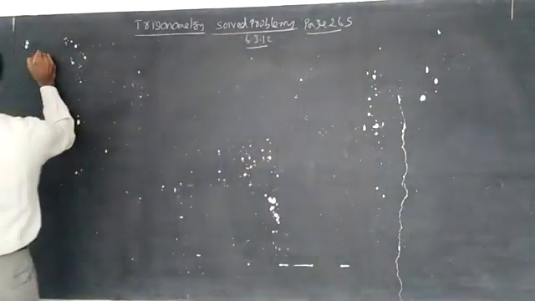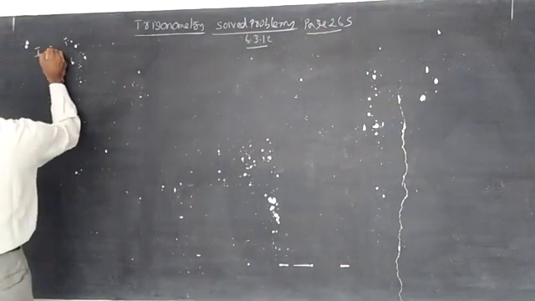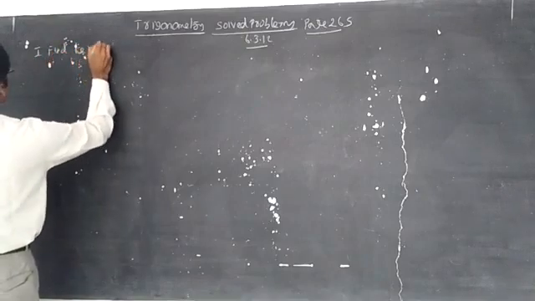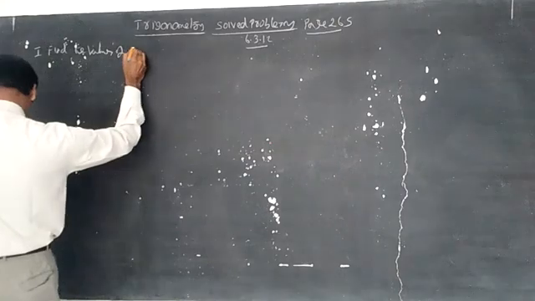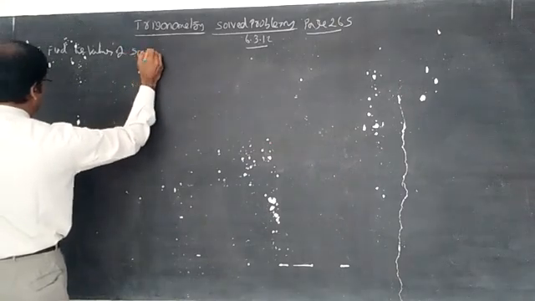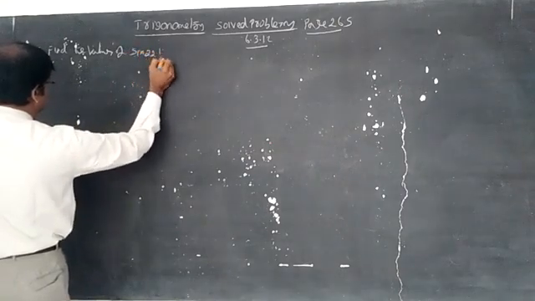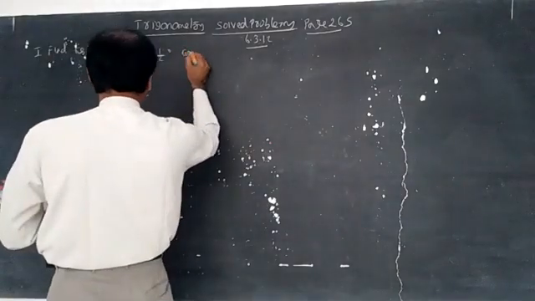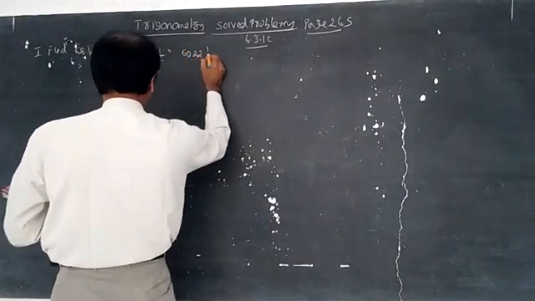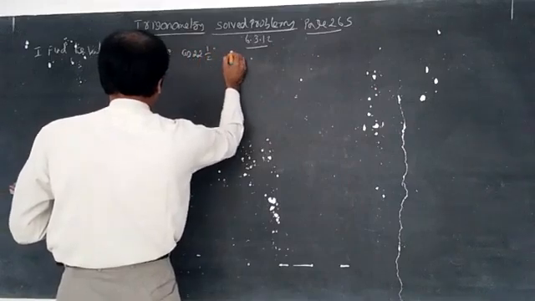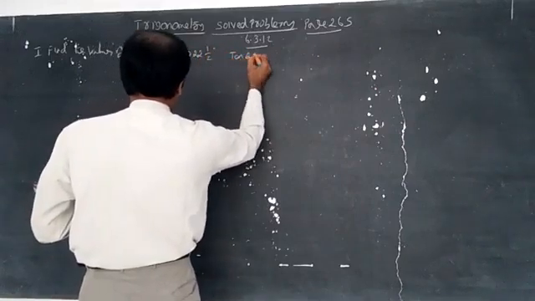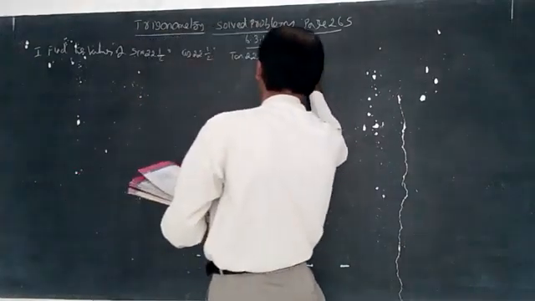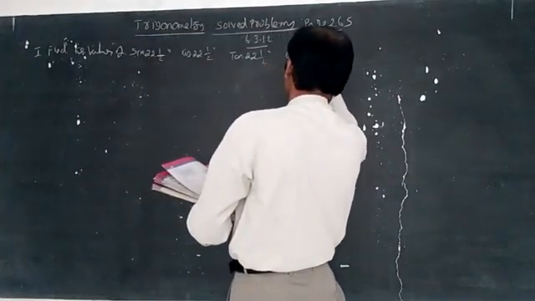Find the values of: first one, sin 22.5 degrees, cos 22.5 degrees, tan 22.5 degrees, and cot 22.5 degrees.